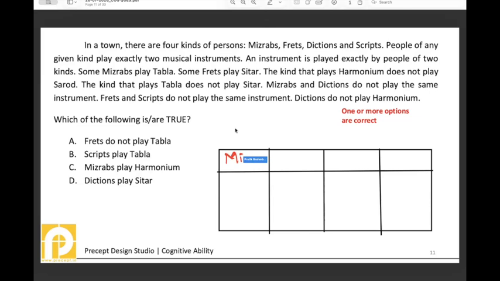So this is misrab. This is frets, diction, scripts. An instrument is played by 2 kinds, and people of any kind play 2 instruments. Okay. So if it is tabla, tabla will be played by 2 kinds, and misrab, frets, or diction will have at least 2 instruments under them.